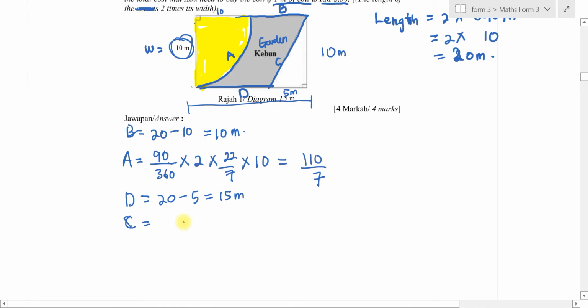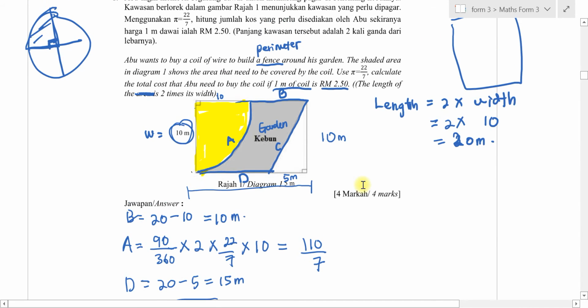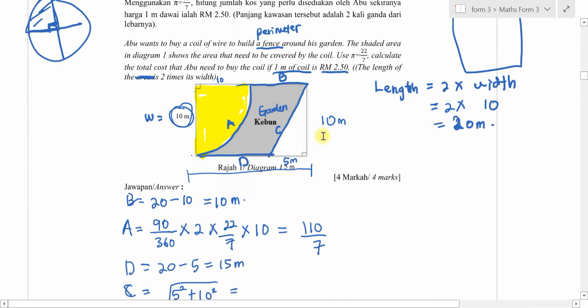So 5 square plus 10 square and then square root it. Sir, how did you get that 5, sir? They missed information. They didn't give enough information, so I add this information, 5 meter. Otherwise, this cannot be solved.